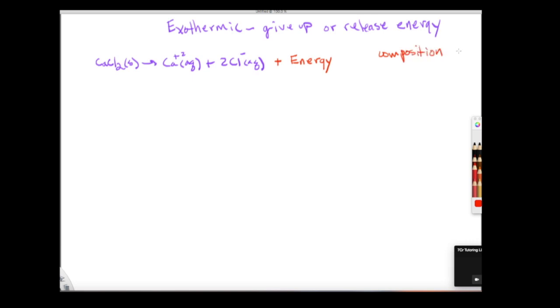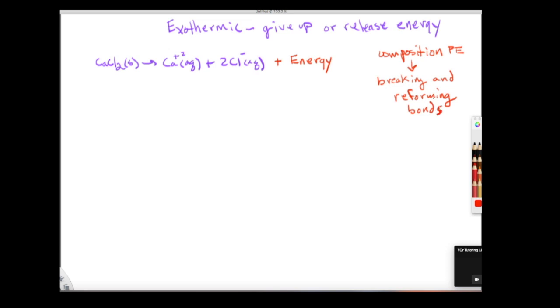So compositional potential energy. And what this is, it has to do with breaking and reforming bonds. So you can think of chemical bonds as having potential energy because they store energy.